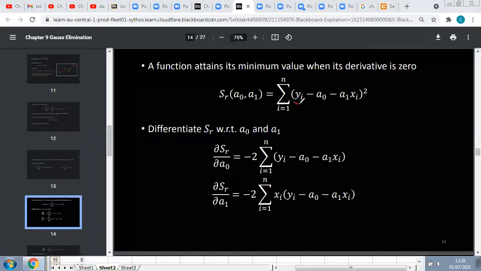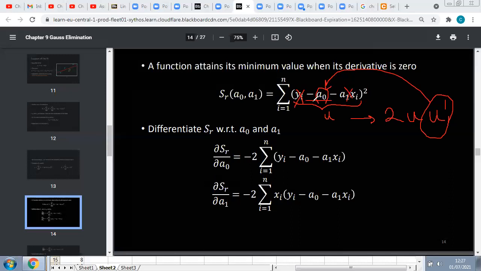This is a function of a0, but I have this function squared, so I can call this function U. You know that when you want to derive U squared, you do 2 times U times U prime. Since you are deriving with respect to a0, U prime will represent the derivative of U with respect to a0. And as you can see, when you do U prime, yi is a constant, and a1 is treated as a constant because you are doing the partial derivative with respect to a0.